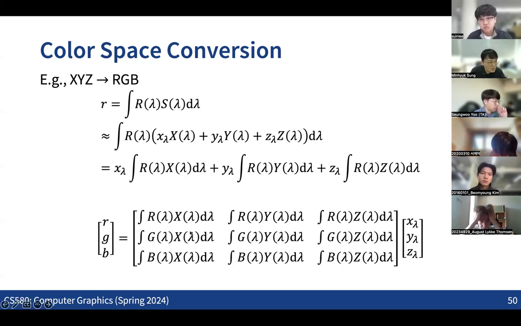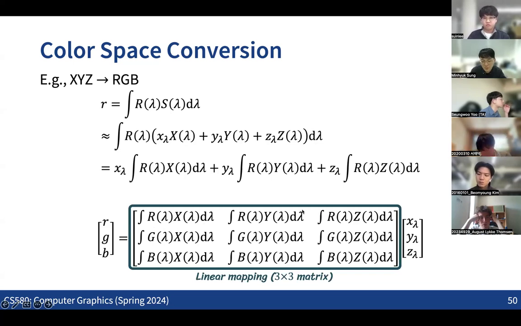All these terms can be pre-computed based on the definition of the color matching function for each channel. Which means that a three-dimensional vector describing the color in one color space can be mapped to the color in the other color space using a 3x3 matrix.